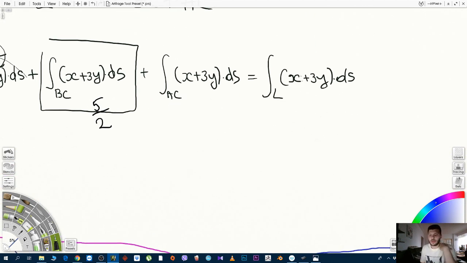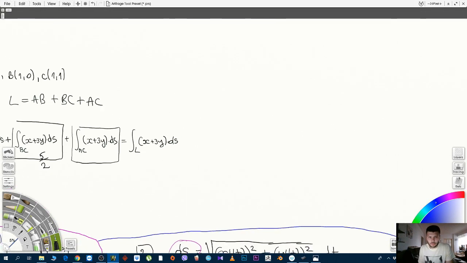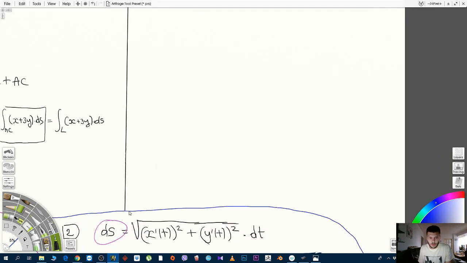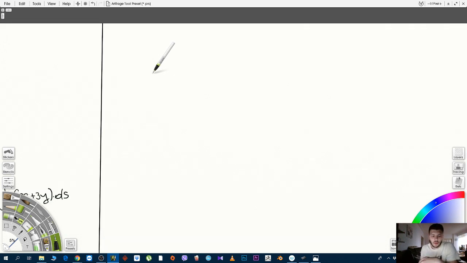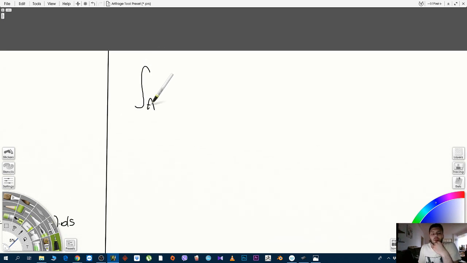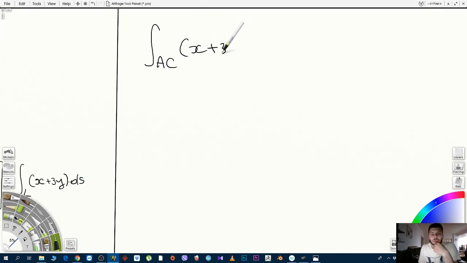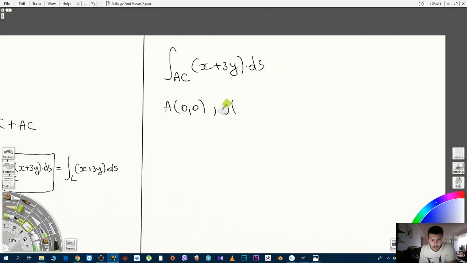And finally, let's do the third one. Integral over the straight line AC of x plus 3y times ds, where A is 0, 0 and C is 1, 1.